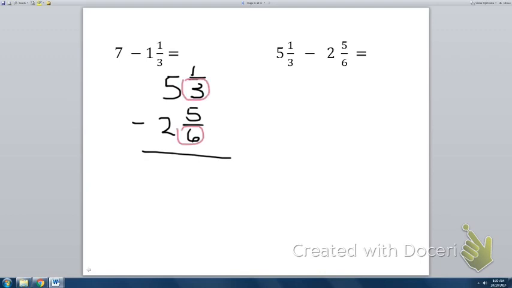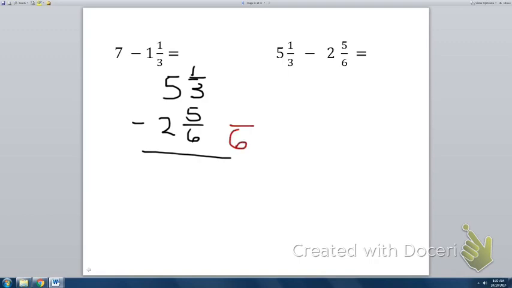So we don't have a common denominator. But method 1 asks, can you divide the smaller denominator into the larger denominator evenly? If you can do that, then you can use the larger denominator. And 3 does divide into 6 evenly. So that's good. And we like that because that's going to save us a little bit of time.